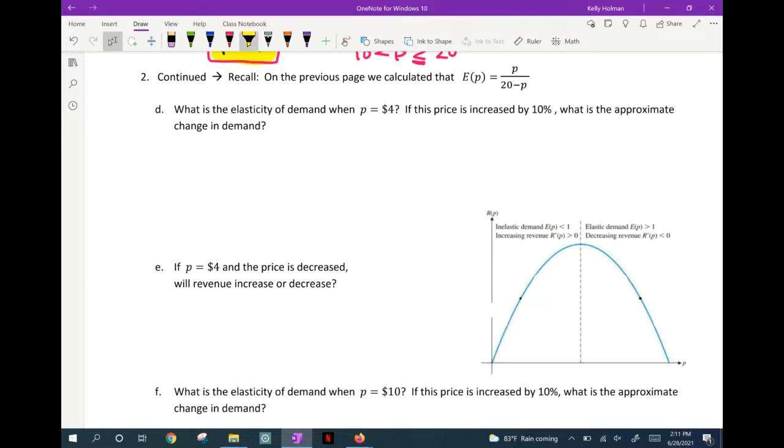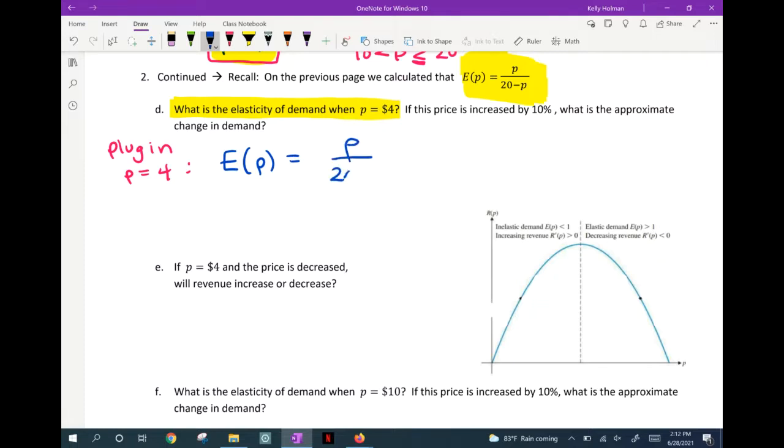What is D asking? D asks, what is the elasticity of demand when the price is specifically $4? And then there's another part of the question, but let's start here. First of all, we're just going to use our calculation and plug in a 4. That's it. Price is 4, plug in a 4. So we're going to plug in P equals 4 to my elasticity rule.